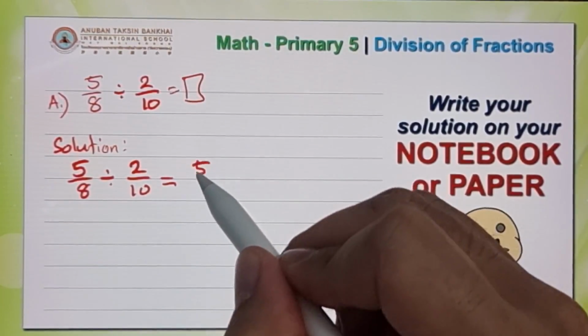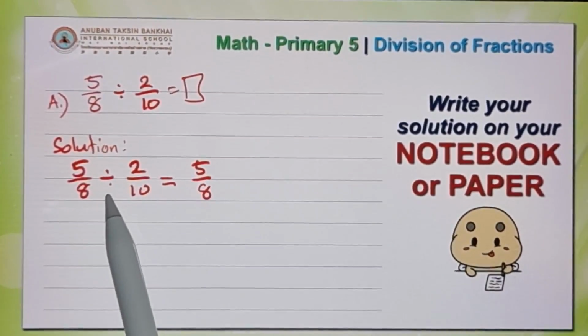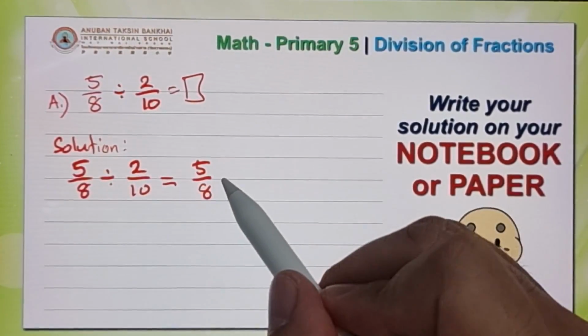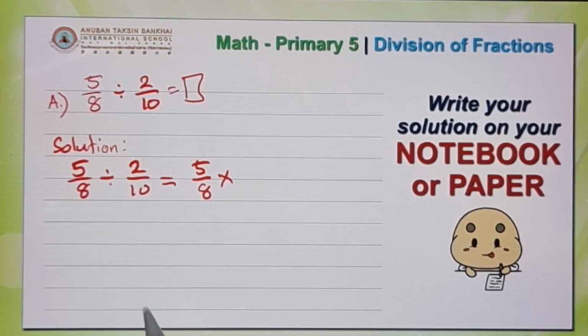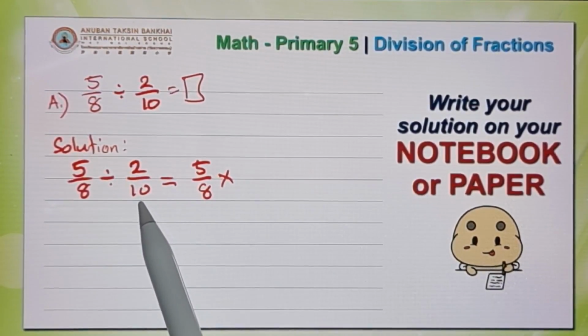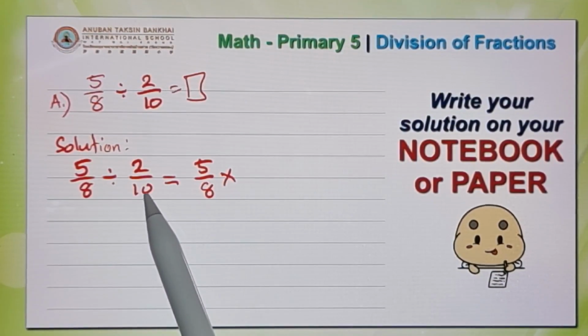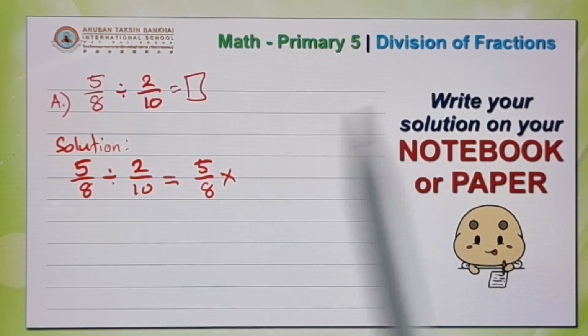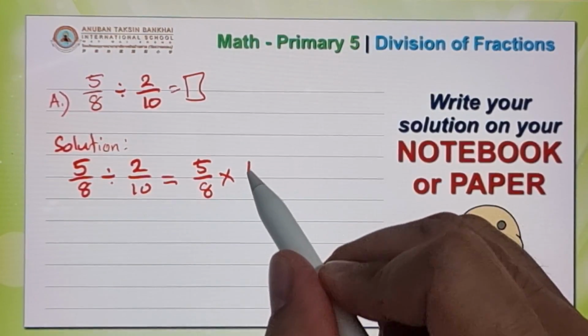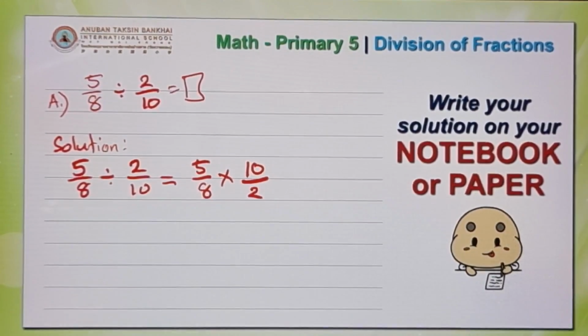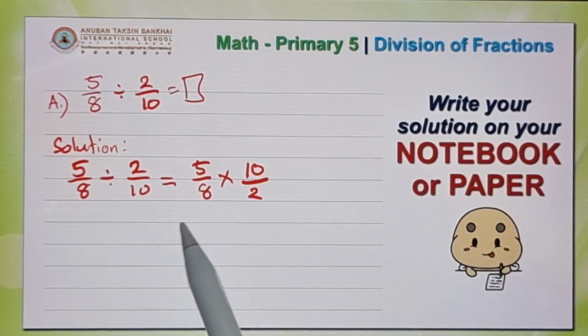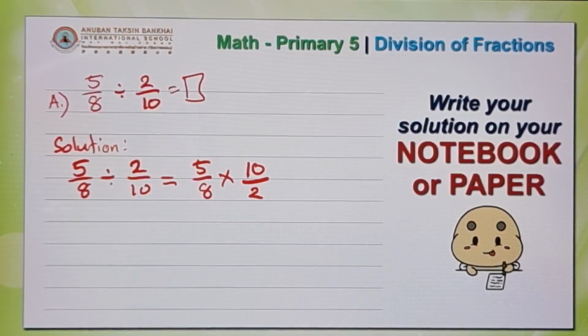So we have 5 over 8. Change. We change it to multiplication. Invert. So we get the reciprocal of 2 over 10. That's very easy. 10 over 2. So you just invert those numerator and denominator.